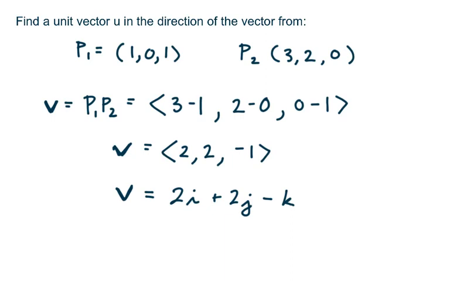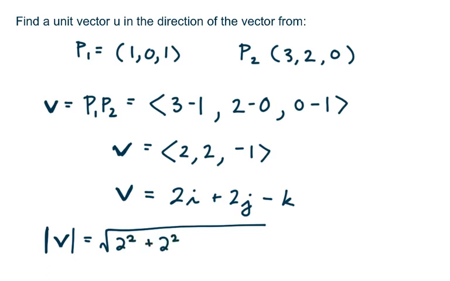Now, if we want the magnitude of this vector, it is going to be the square root of 2 squared plus 2 squared plus negative 1 squared, or the square root of 9, which is 3.